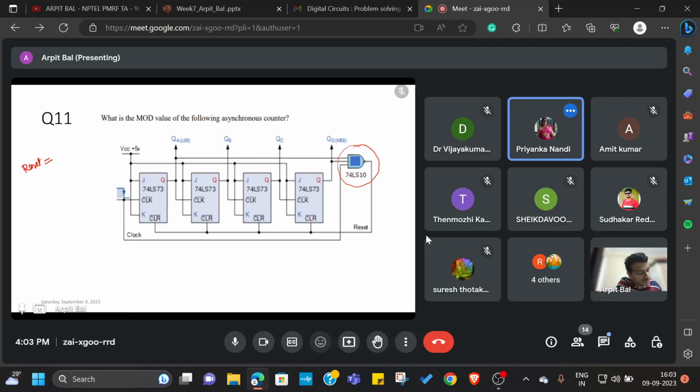QA into QD into clock. Let me assume that clock is always going to be high, so this is just 1, QA into QD. So the reset equation is QA into QD whole complement. Okay, and when do the flip-flops get reset?